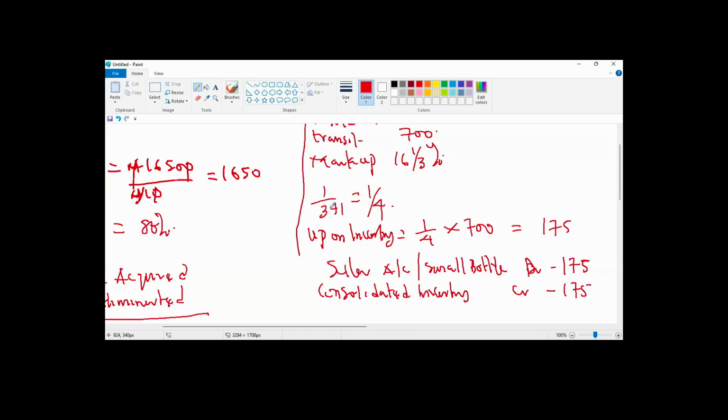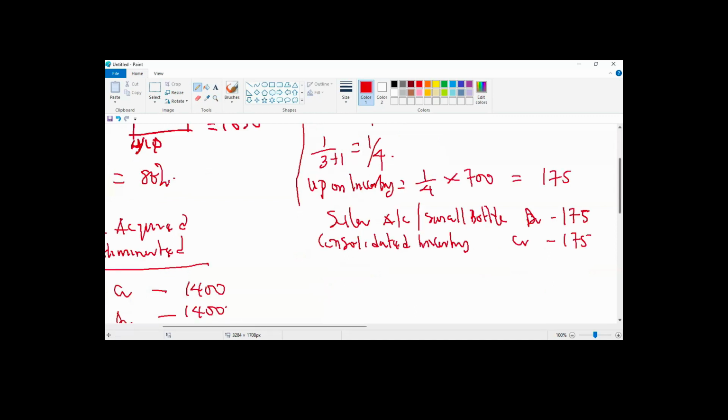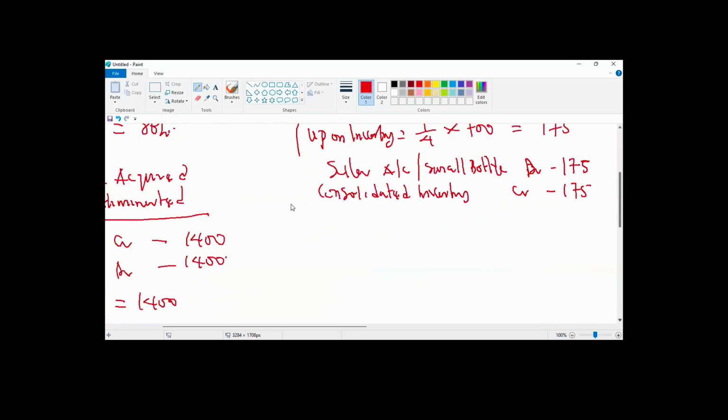The above transaction, Big Bottle has not received this thing, but the parent has passed it. So it's in transit. Trade receivable, trade payable reconciliation can happen in 3 ways.